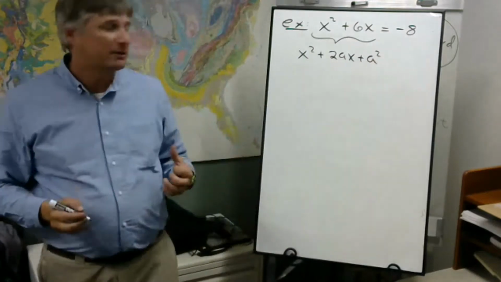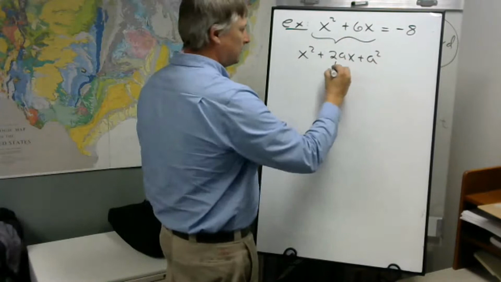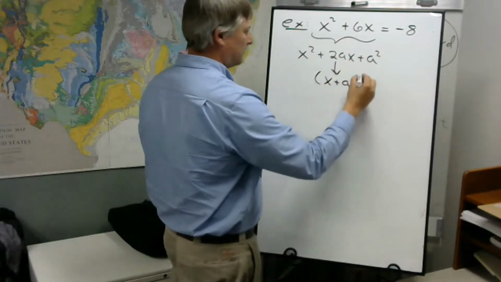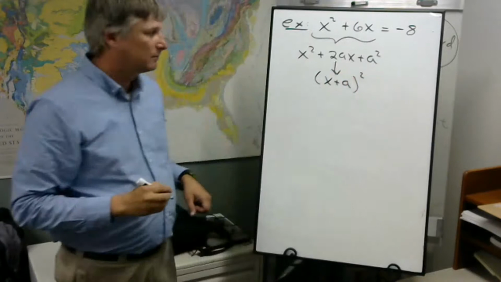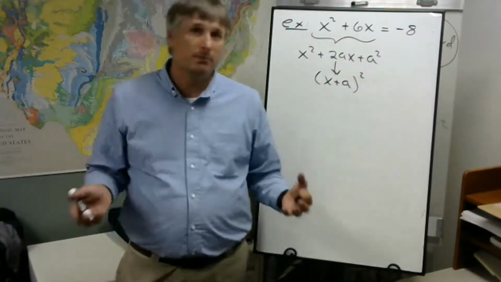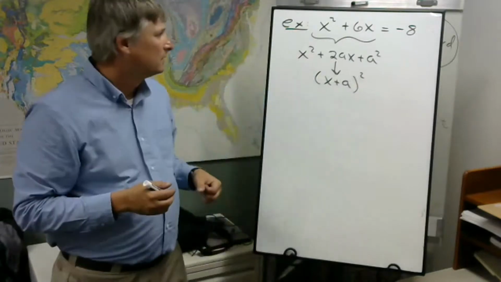And once we've turned it into this form, we can rewrite it like that. Now what happens after we do that is we're going to use the square root method from previously to solve for x.